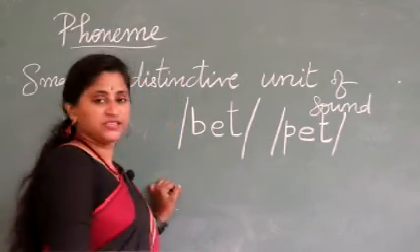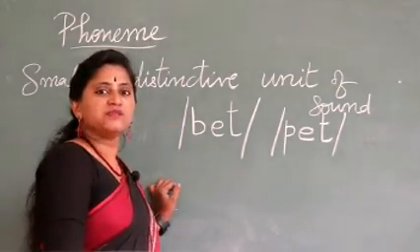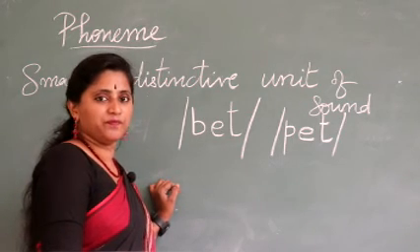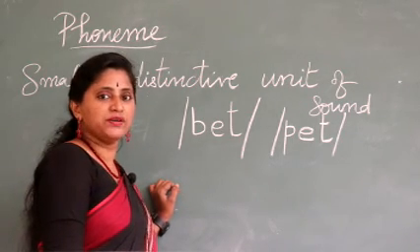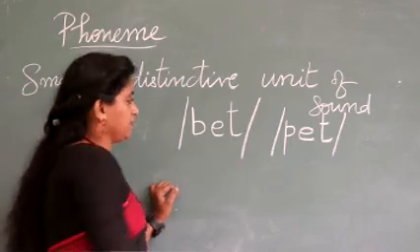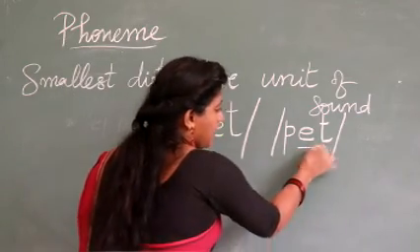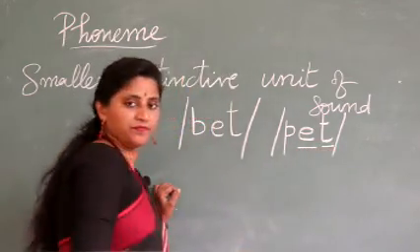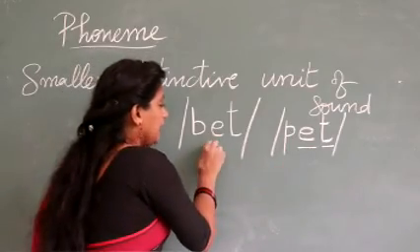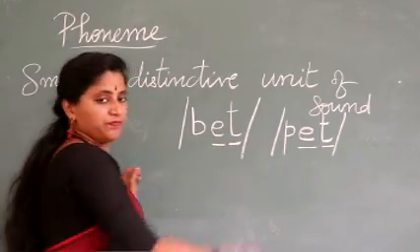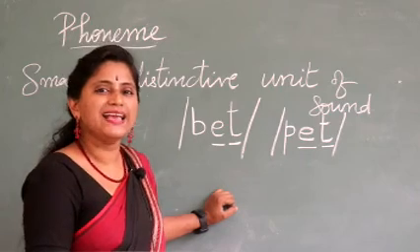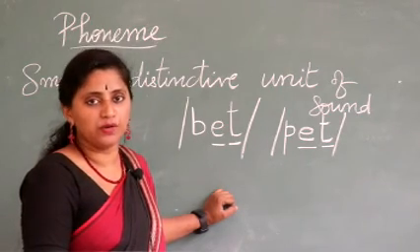ഇവിടെ നമ്മളൊന്ന് ശ്രദ്ധിക്കുകയാണെങ്കിൽ two sounds are similar, whereas only one sound is different. Here also we can see A and T. There is only one slight difference between these two words.